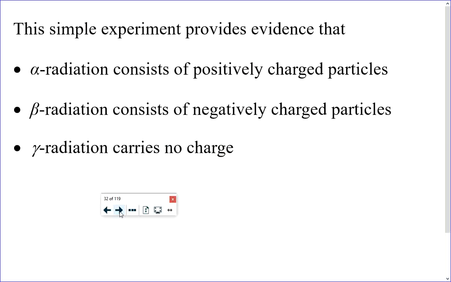So what's concluded here? What's concluded is alpha radiation consists of positively charged particles. You cannot have a positive charge unless there's something with mass. Something will only have charge, positive or negative, if it has mass. So the fact that the alpha radiation is deflected means it has a charge, which means it's physical particles.